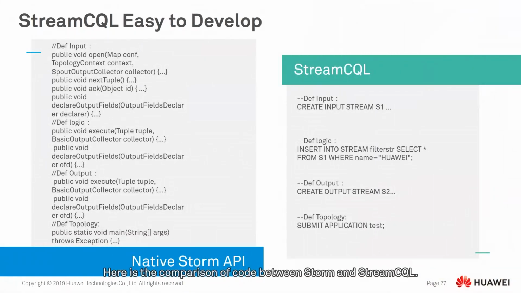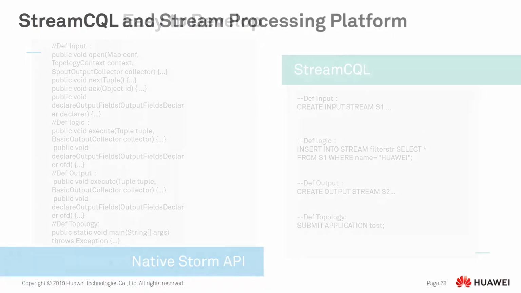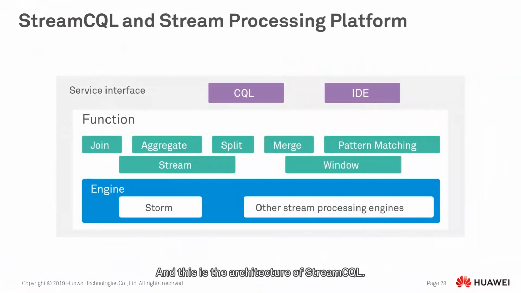Here is the comparison of code between Storm and the Stream CQL. It's obvious that Stream CQL is much easier to use. And this is the architecture of Stream CQL. At the bottom is the computing engine, which usually refers to Storm or other stream processing engines.